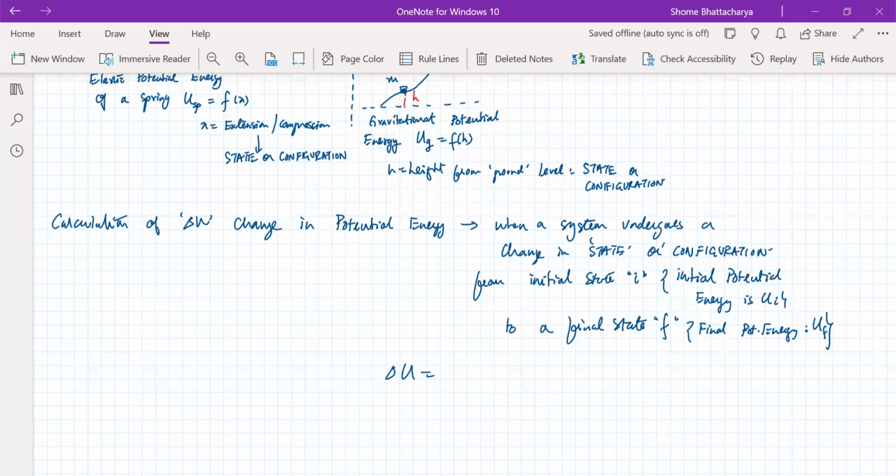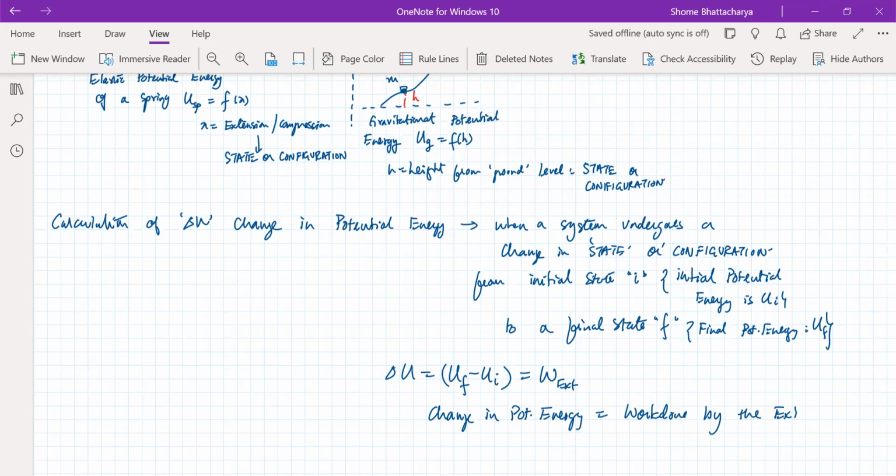So delta U, which is the change in potential energy, final minus initial value of U, equals this quantity. The change in potential energy is calculated by working out the work done by an external agent to change the state of the system from I to F, from whatever initial state to whatever final state.